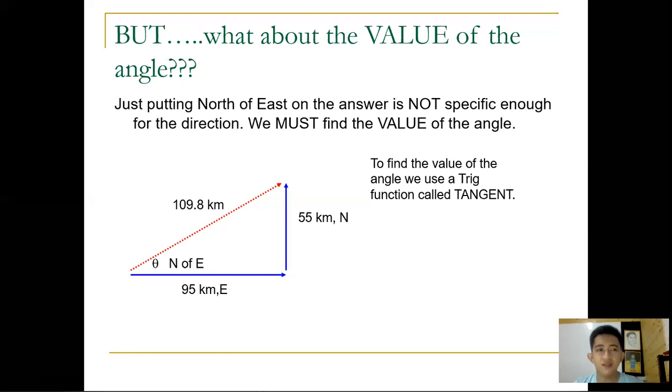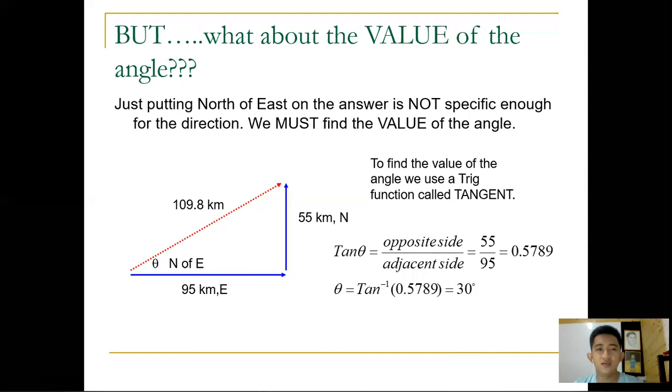So here, to identify this angle, we are going to use tangent theta is equal to the opposite side divided by the adjacent side. So we have 55 divided by 95, which is equal to 0.5789. Furthermore, just to get the angle, we need to operate tangent into the other side.